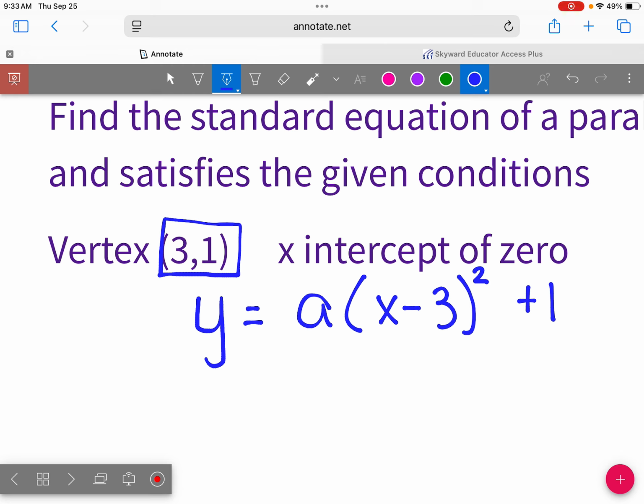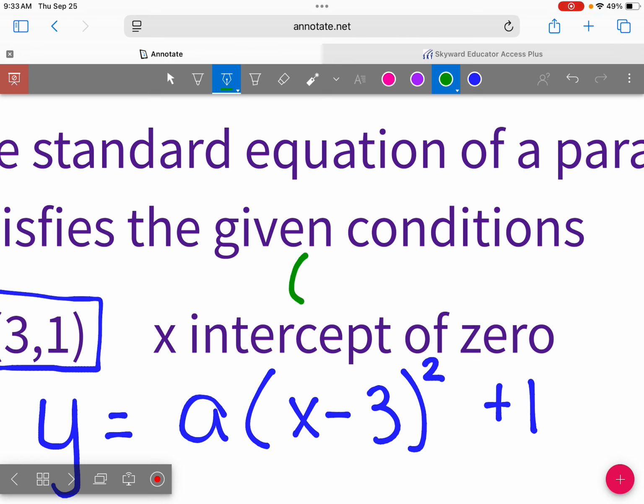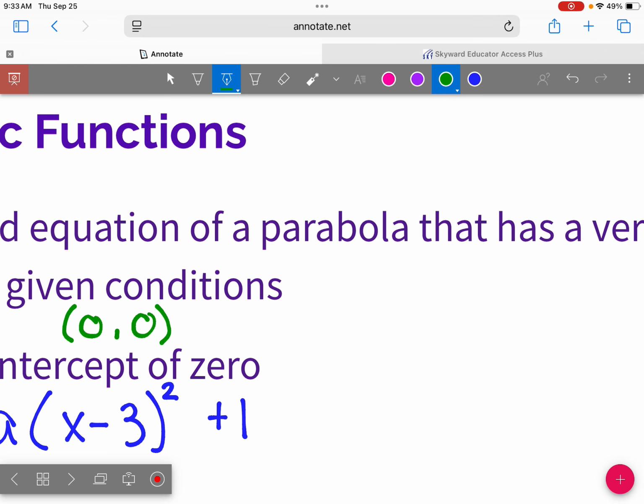Then if we have an x-intercept of 0, what point do we know it goes through? 0, 0, because our x-intercept happens when y is 0. But we also know x is going to be 0 there.